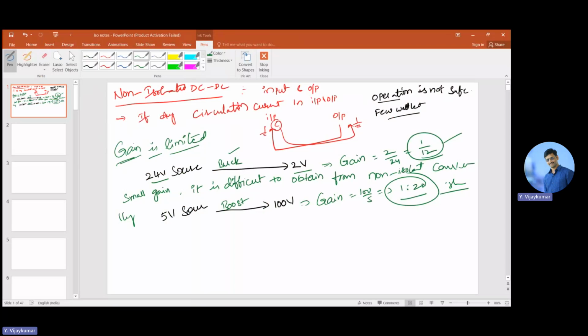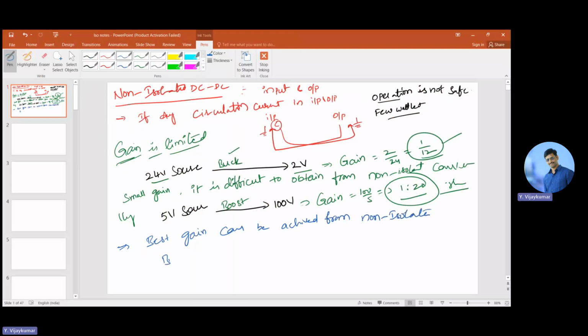Now, what is the best gain that can be achieved from non-isolated DC-DC converters?